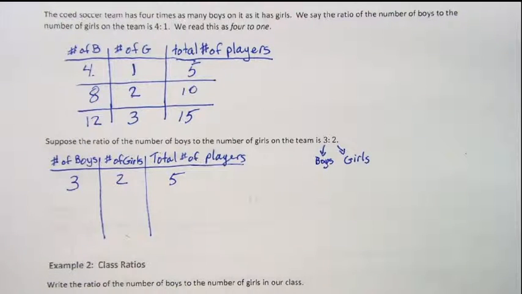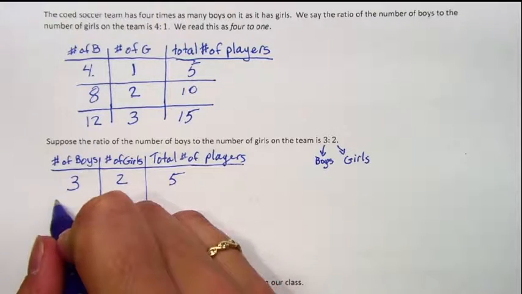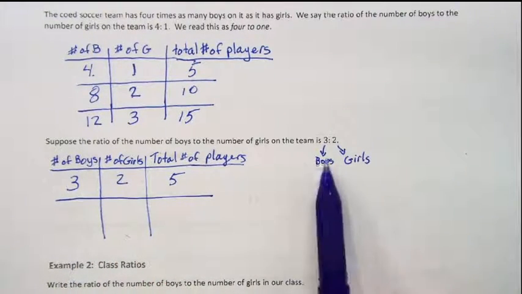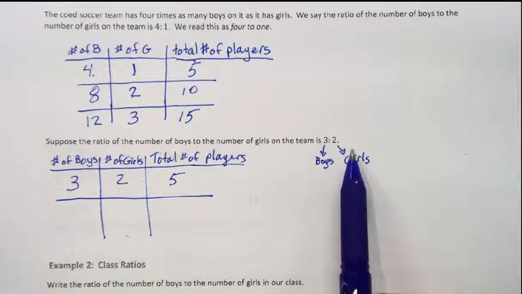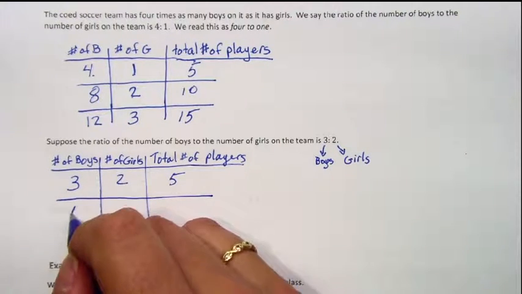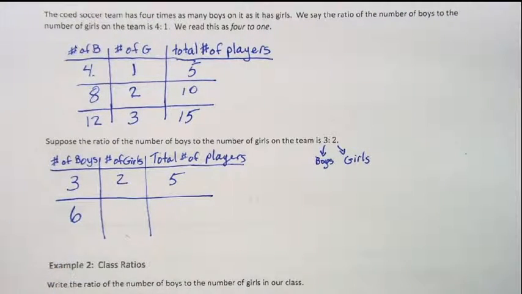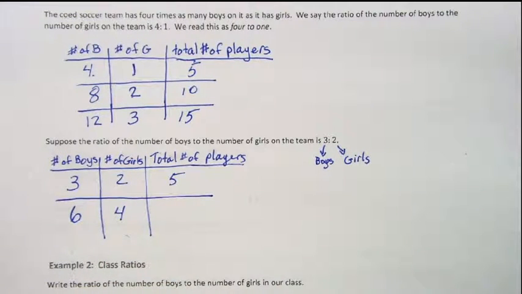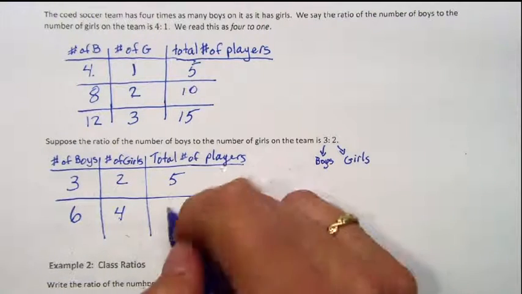Let's see if we can extend the table a little bit and take a look at what's going on. All right. For every 3 boys, I have 2 girls. If I have 6 boys, that's 2 groups of 3 boys. So I need 2 groups of 2 girls. So that would be 4 girls. The total number of players on the team, 6 plus 4 is 10.